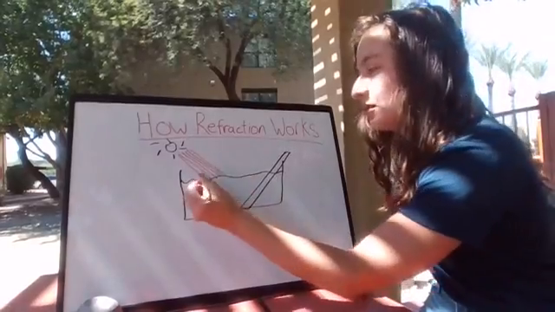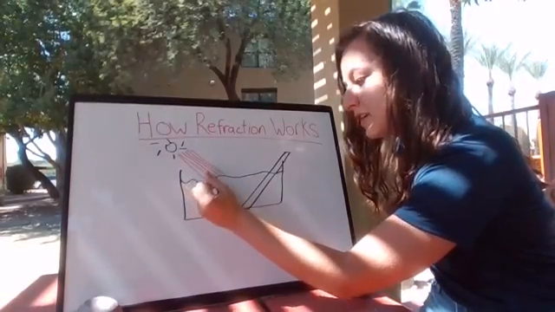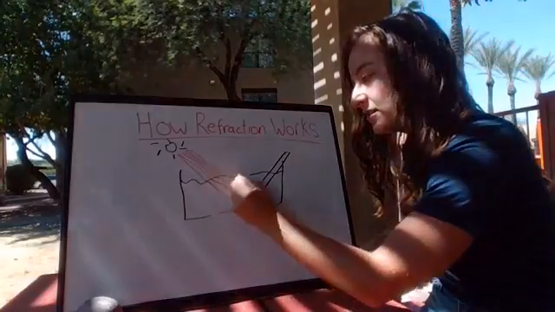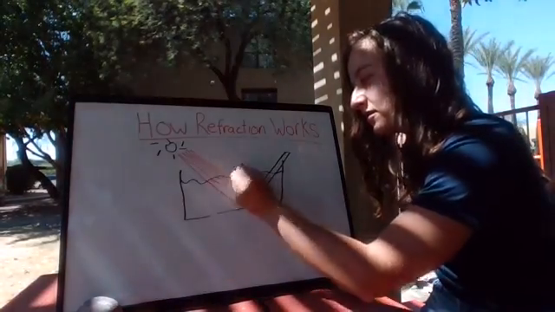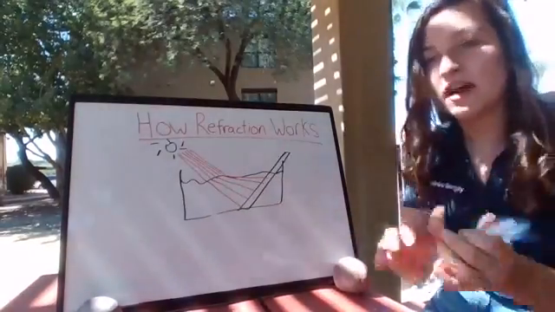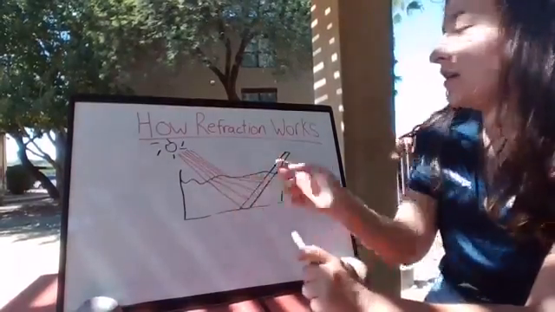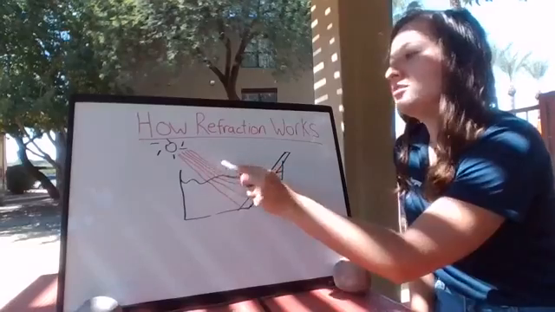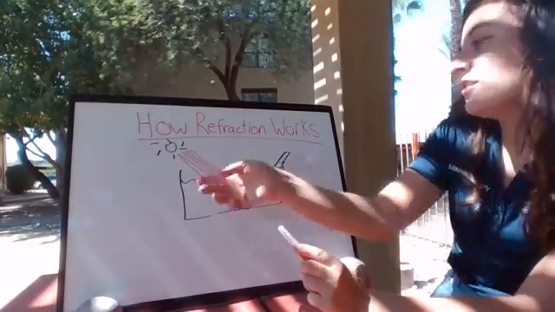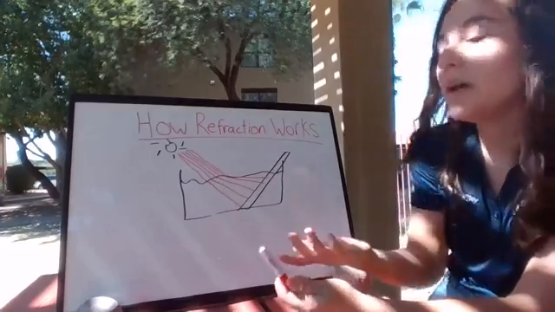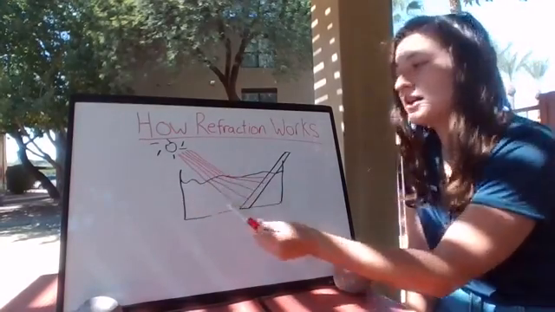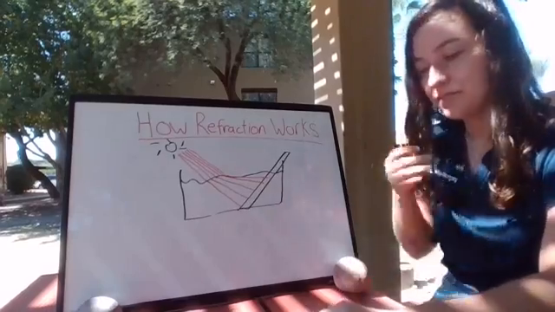So let's say this is red, it might come here. This one might come at this angle, this angle, this angle. So they're all at different angles, and I don't have enough markers to show it, but pretend each of these lines is a different color, a different wavelength, and when they come into water, they each come off at a different angle, right?